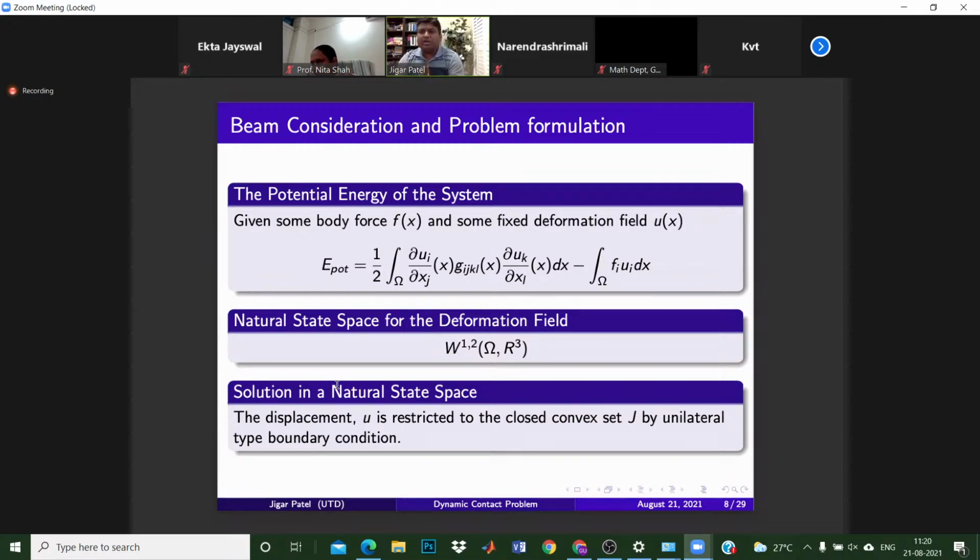Now think about it. You have a wall and there is a crack. When the beam vibrates, what is going to happen? When the beam goes down, the crack will open. When the beam goes up, the crack will close. How the crack is going to close is completely unknown; it depends purely on the applied force.